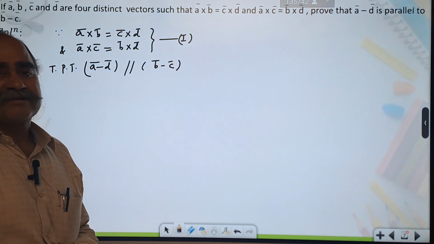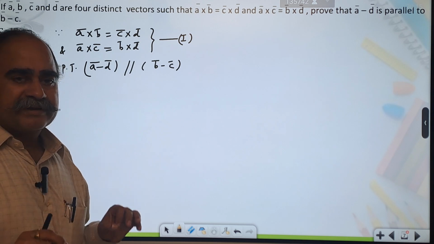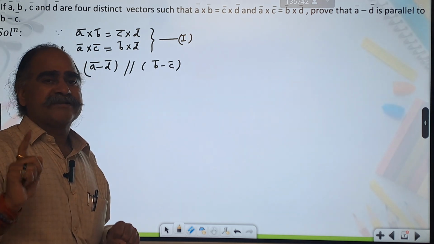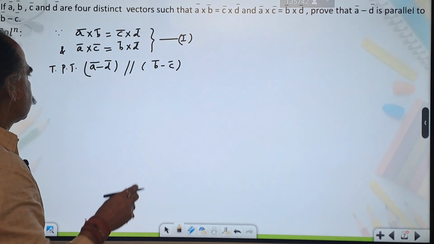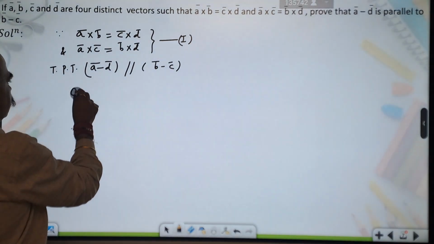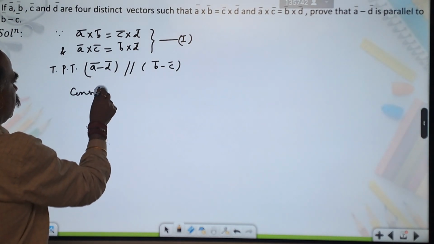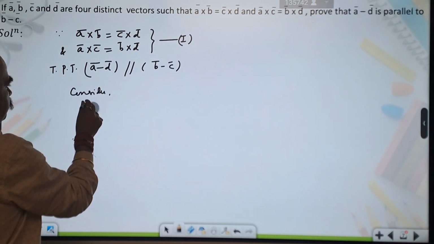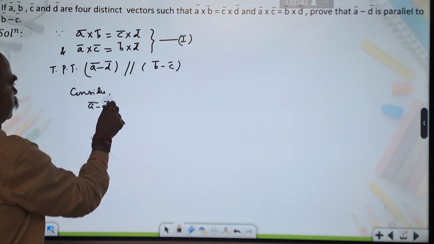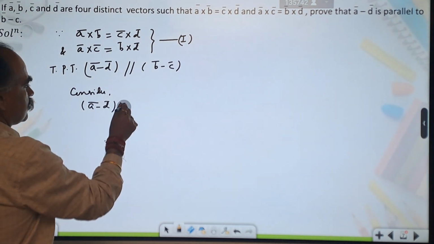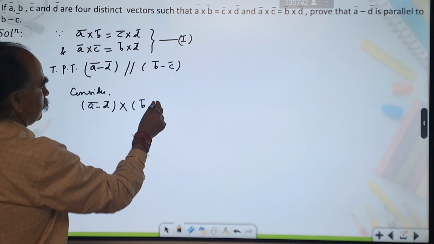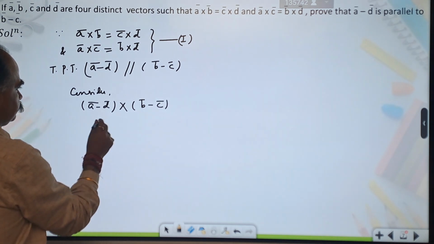How will you prove two vectors are parallel? By proving that their cross product is zero vector. So consider A bar minus D bar cross B bar minus C bar.